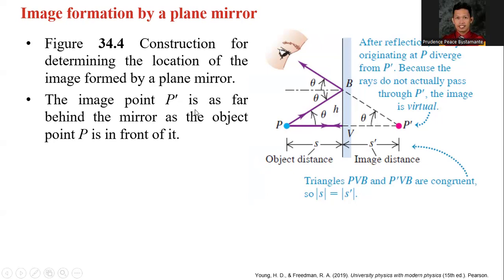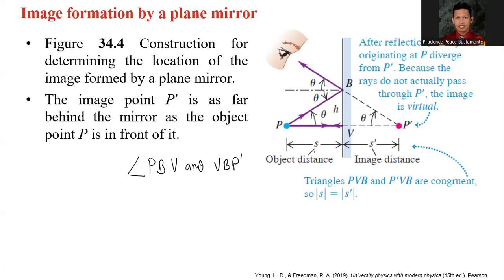The image point P prime is as far behind the mirror as the object point P is in front of it. If you look at the triangle V, P, and B, and you look at this triangle here, these triangles are similar or equal.